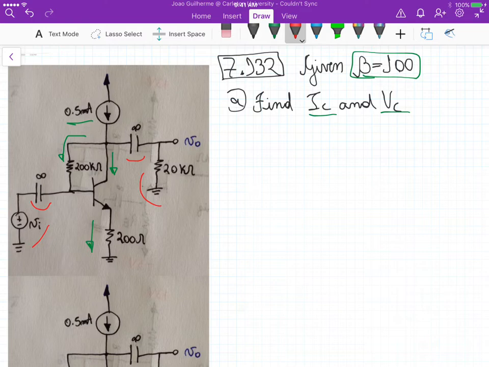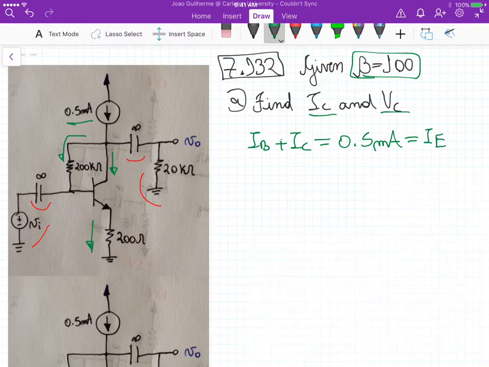From this first analysis in green, we know that IB plus IC is equal to those 0.5 milliamperes, and we know that IC plus IB is the emitter current. So those 0.5 milliamps are actually the current flowing here at the emitter.